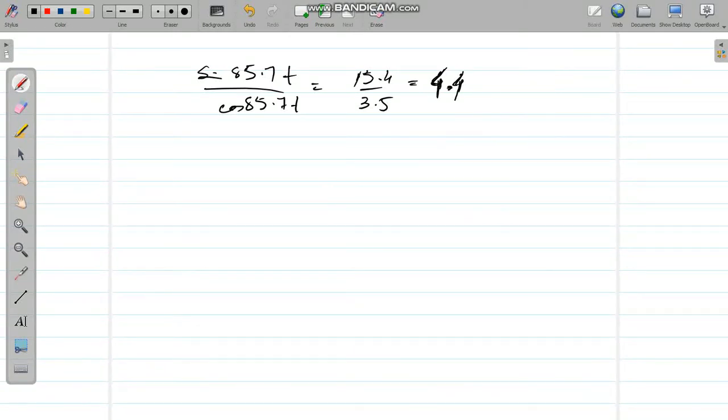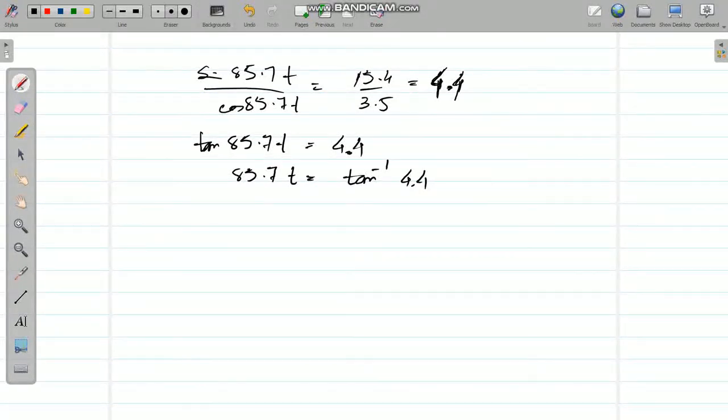Now remember, if you take 85.7 t, this is nothing but tan of 85.7 t equals 4.4. Clear? So 85.7 t is tan inverse of 4.4.